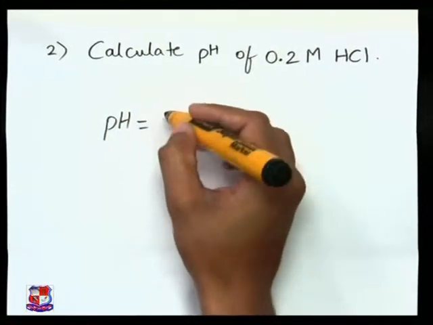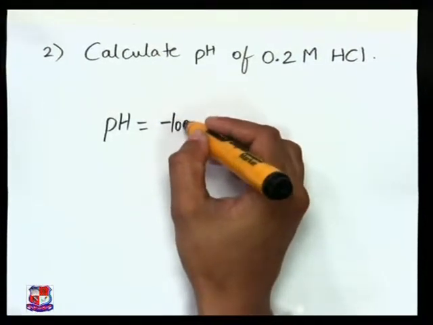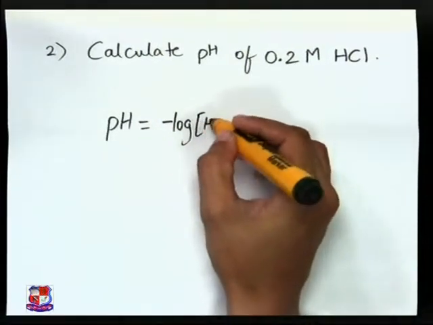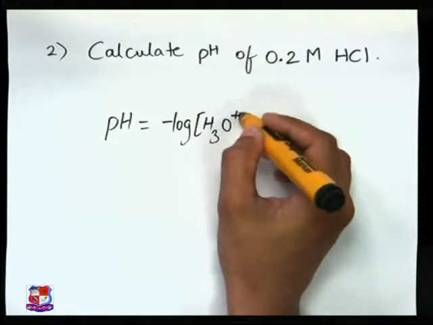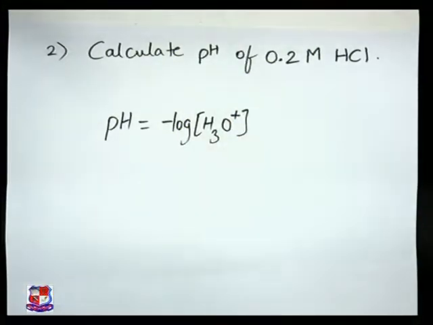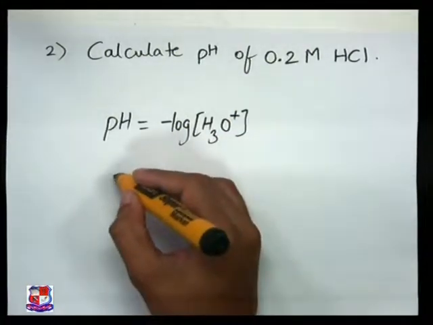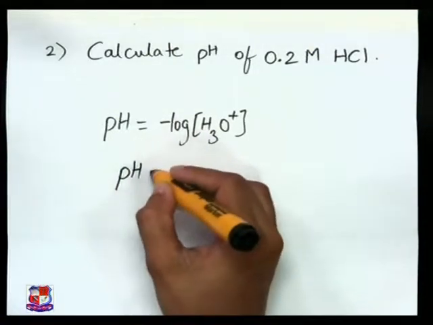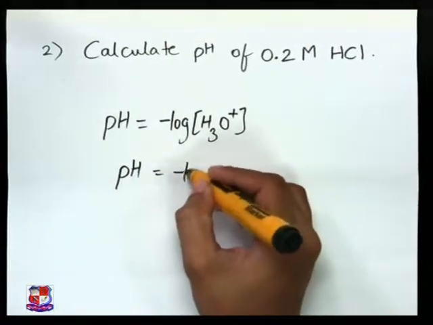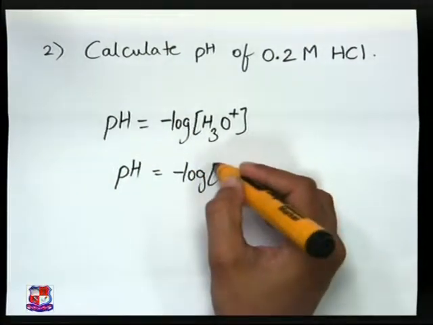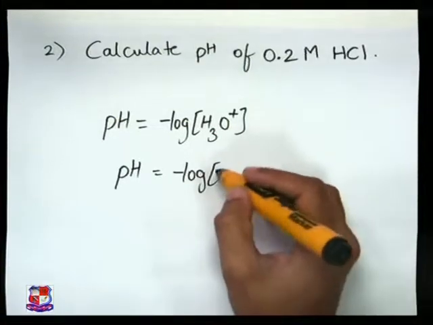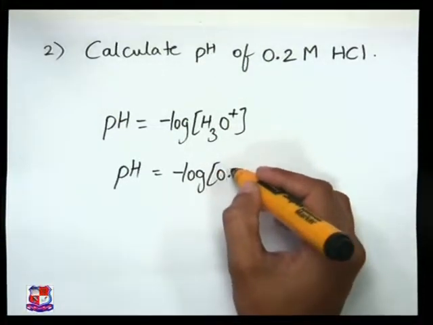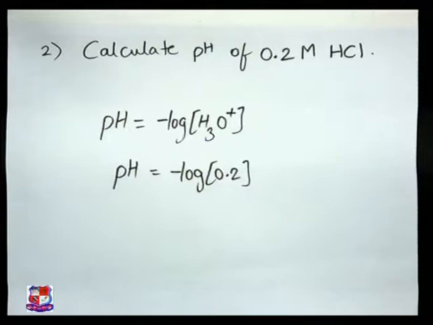equal to minus log of H3O plus. Okay, this is given. Now pH is equal to minus log of 0.2, that is given to you.